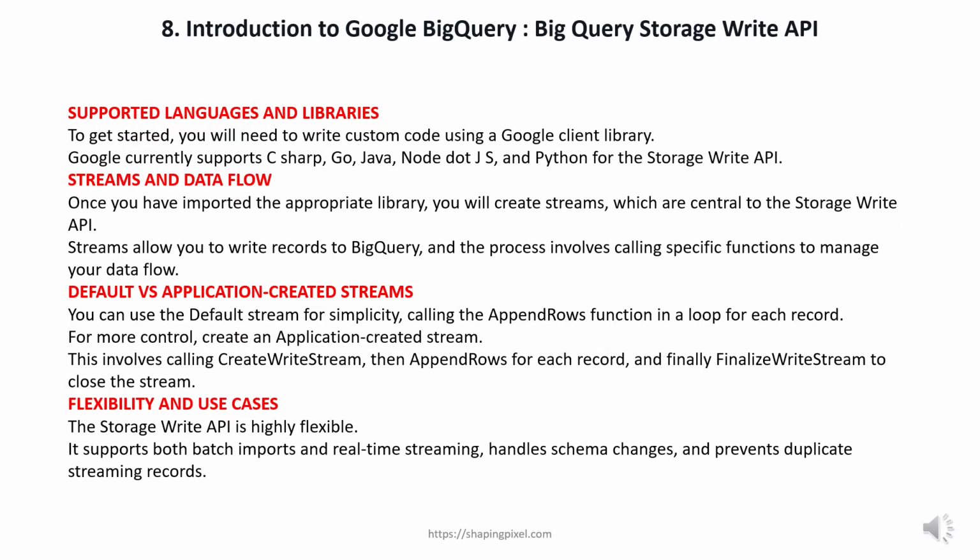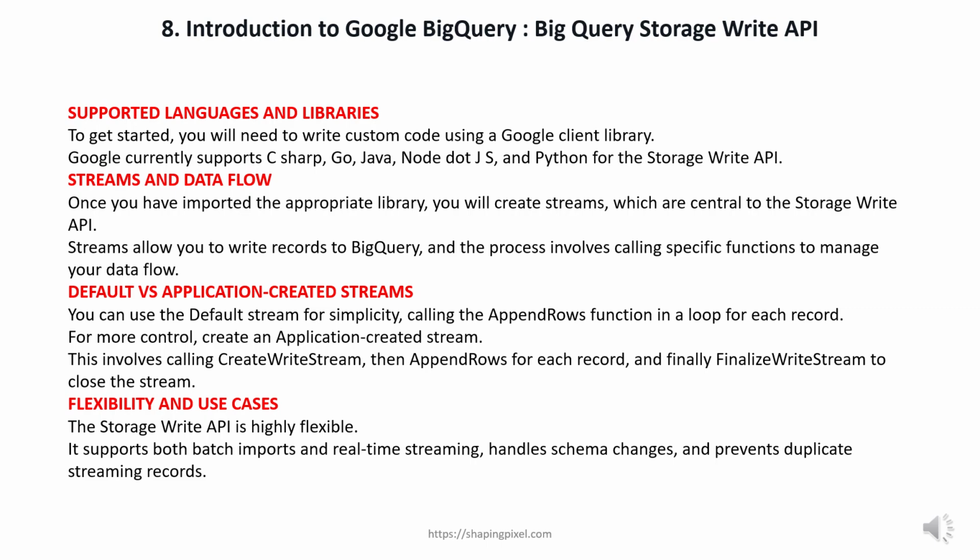Let us explore how to import records into BigQuery using the Storage Write API. While this is not a step-by-step demonstration, we will cover the essential concepts and workflow you need to know. To get started, you will need to write custom code using a Google Client library.